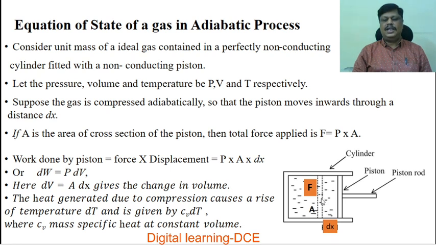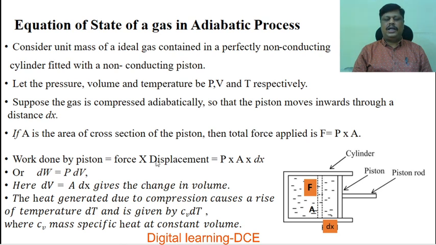If A is the area of cross section of the piston and F is the force applied, then you know that force applied is equal to pressure into area, because pressure is equal to force by area. Therefore, force is equal to pressure into area. And also you know that work done by the piston is equal to force into displacement.